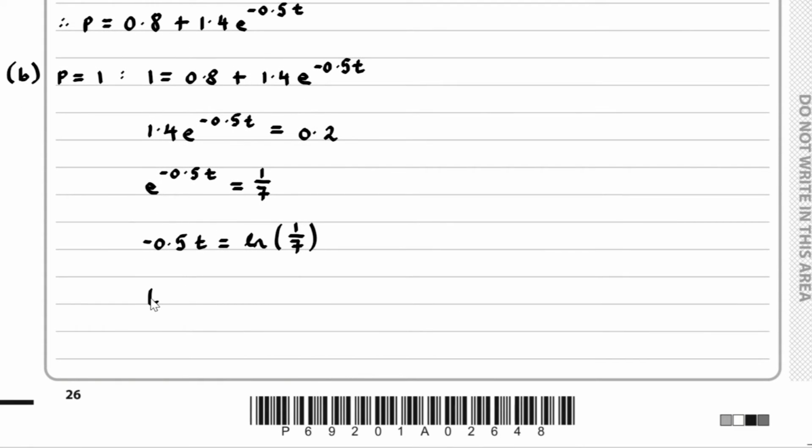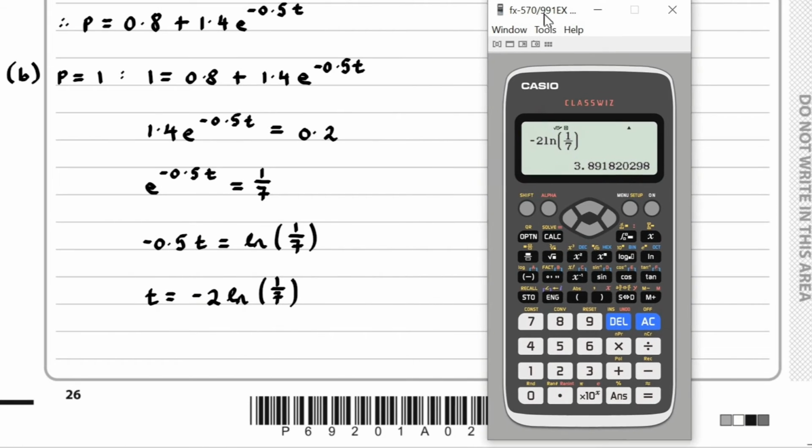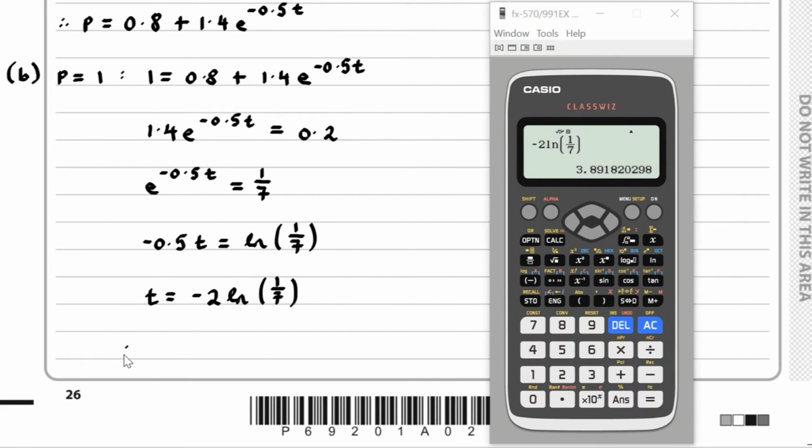So t equals negative 2 times the natural log of 1/7. So working that out, we end up with a value of t of 3.9 minutes to 1 decimal place.